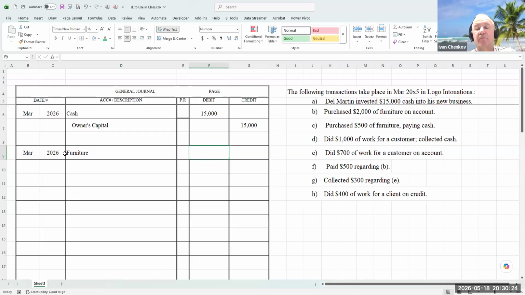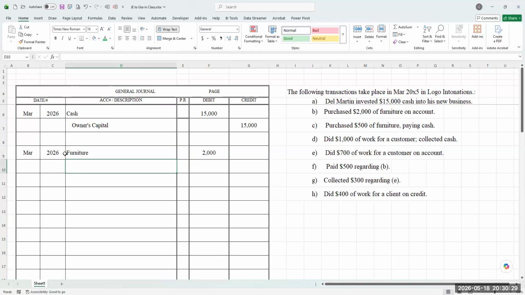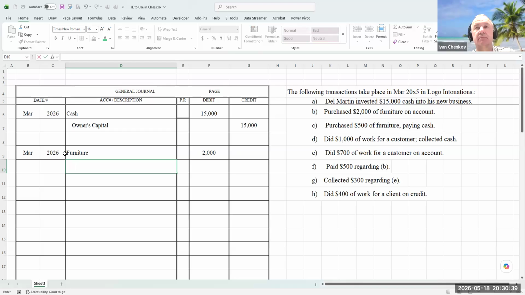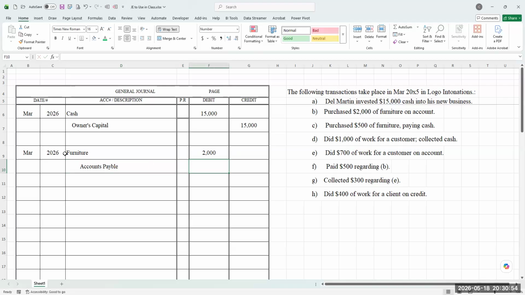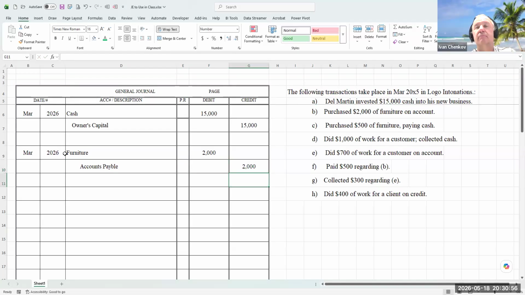How much is the furniture worth? He got 2,000, correct? Now, did he pay for the furniture? No. So which account is going to be involved here? To pay in the future, yes. Liability, accounts payable. How much? 2,000. Excellent.